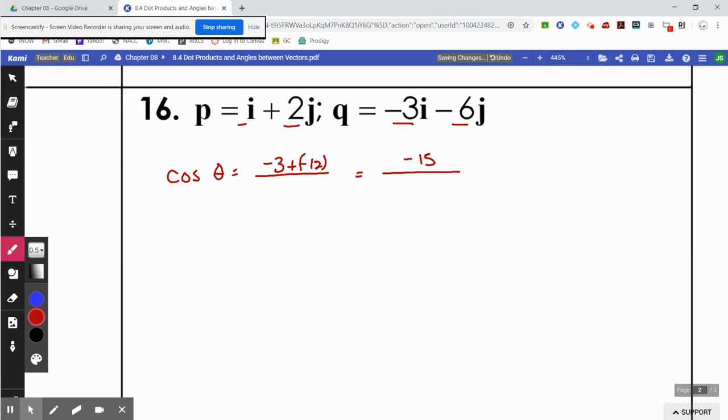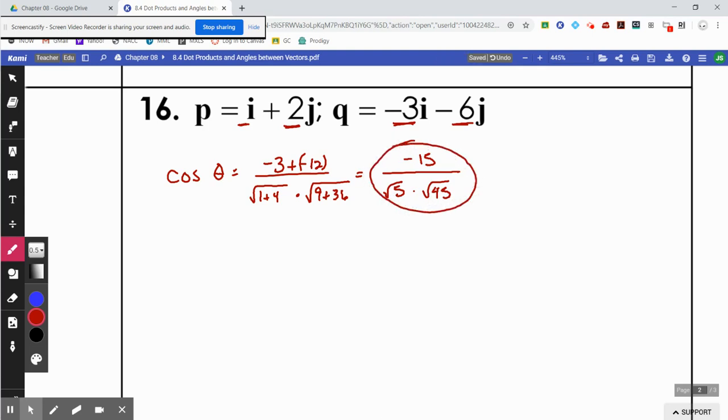Over the magnitude of your first vector, which is the square root of 1 squared plus 2 squared, which is the square root of 1 plus 4, which is the square root of 5. Times the magnitude of the second, which will be the square root of 9 plus 36, which is going to be the square root of 45.